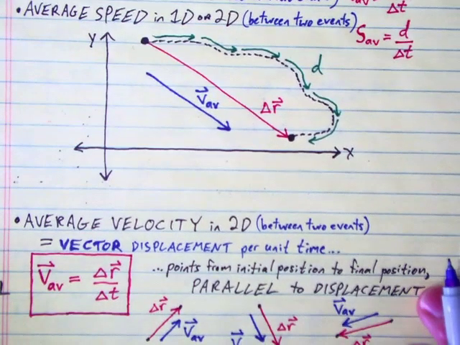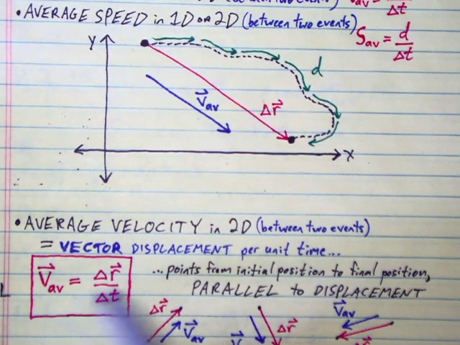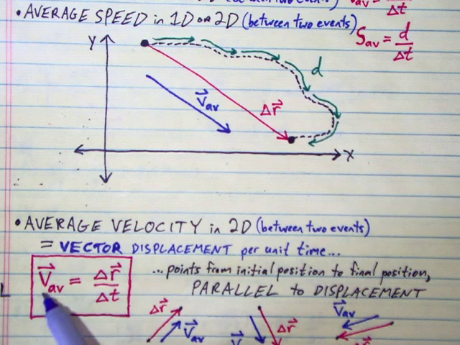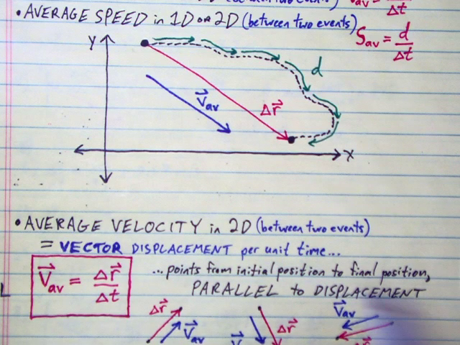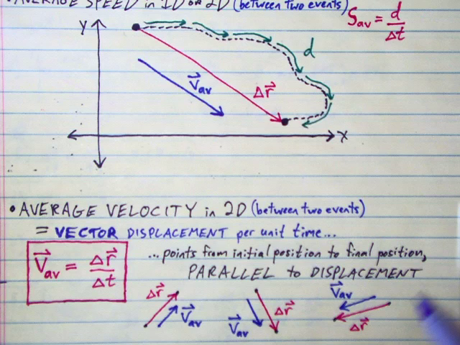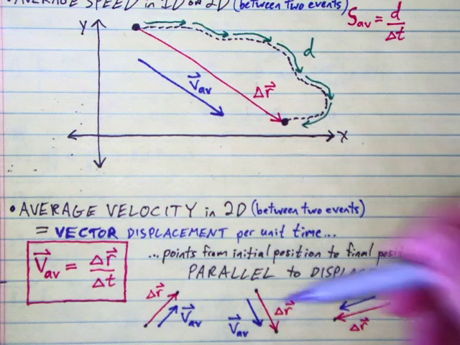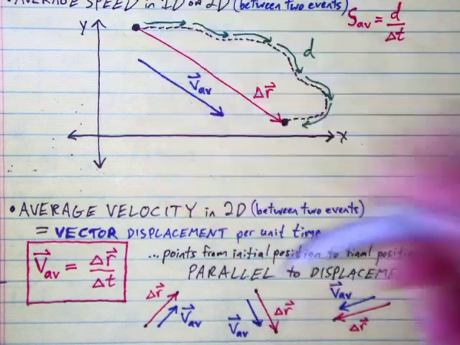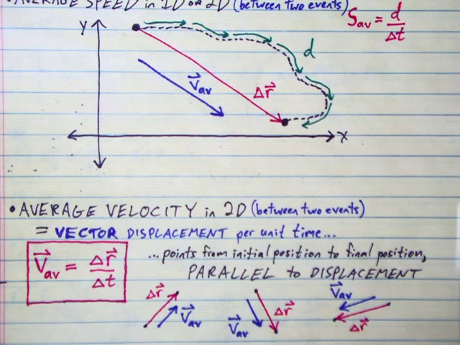Our definition then: the average velocity is our displacement over time, but this is a vector, and it's going to be parallel to the displacement. So here, if we've got some examples of different displacements from point A to point B, our average velocity would be parallel to it each time.